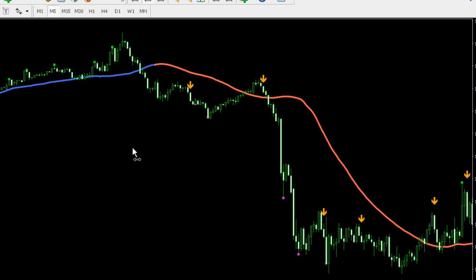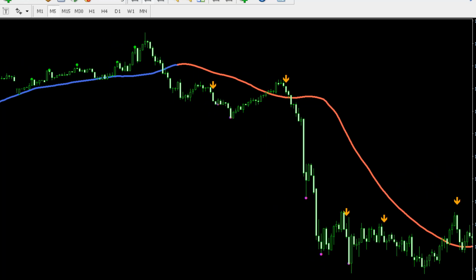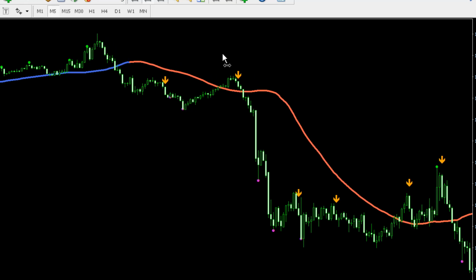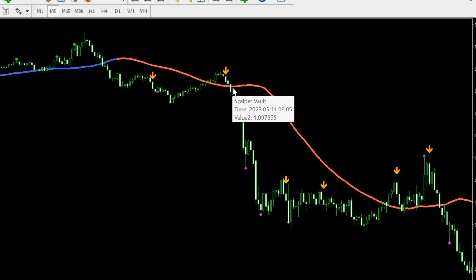That is very important. Now, how do we use the trend line? As you can see here, we have a blue line, which means an uptrend. You wait first for the trend line to turn red and for a signal to appear very close to the trend line.